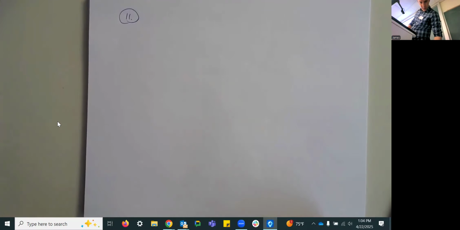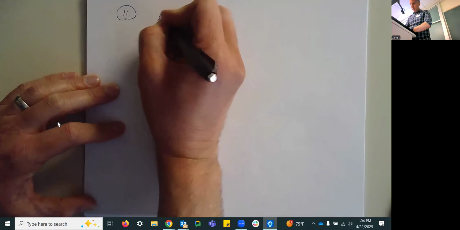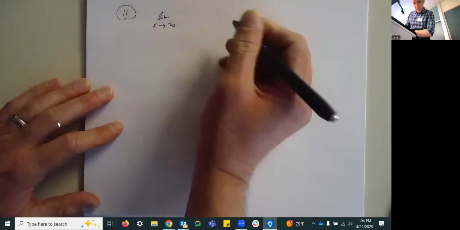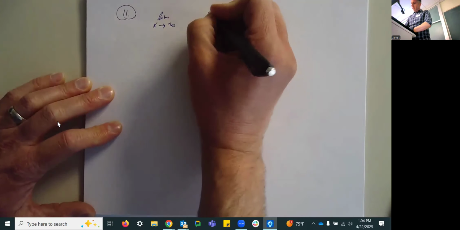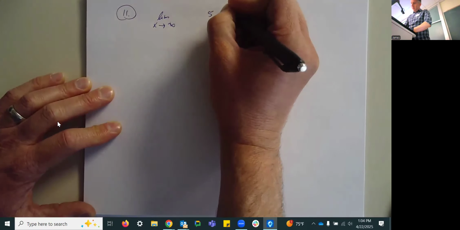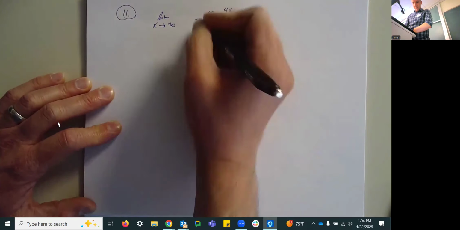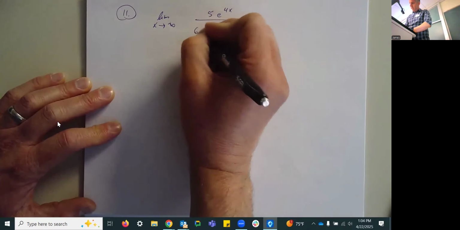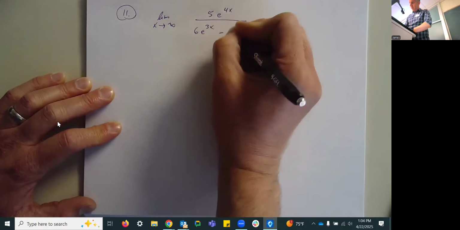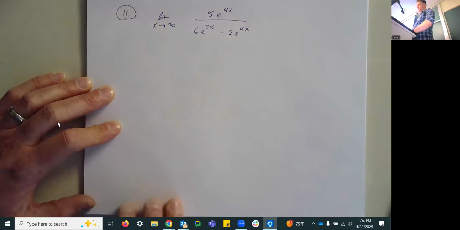So let's say we had something like, where'd you go here? Yeah. Something like the limit as x approaches infinity of 5e to the 4x over 6e to the 3x minus 2e to the 4x.